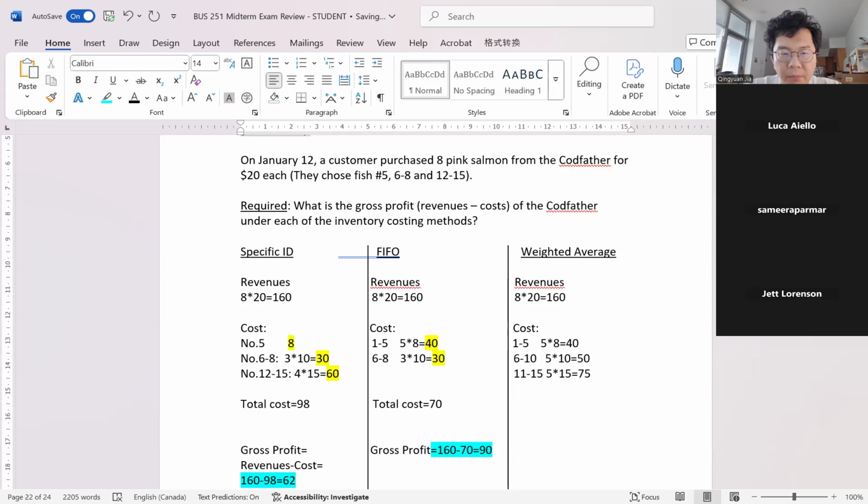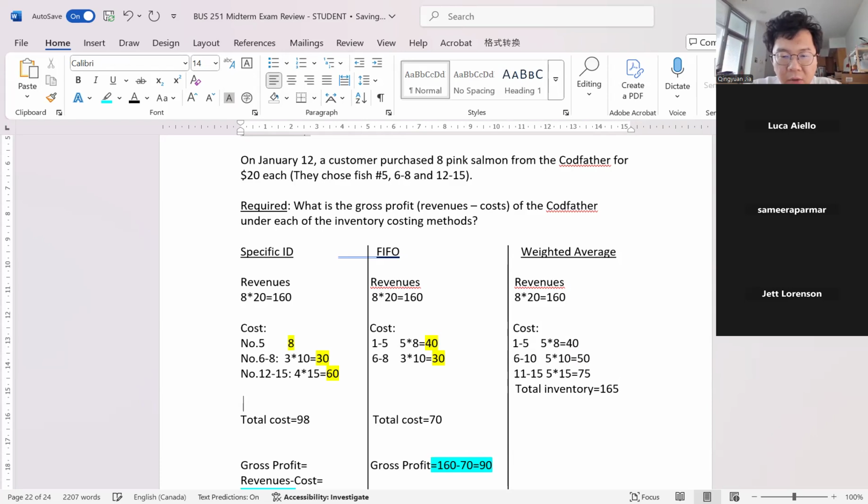So we're going to come up with a different number for the price. The total inventory after 3 purchases will be 165. Just sum all of this together.